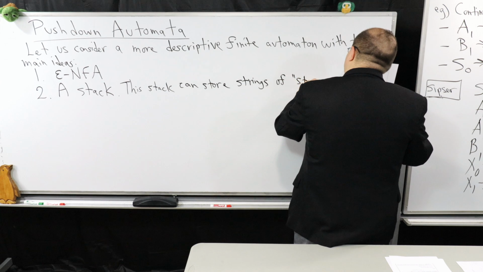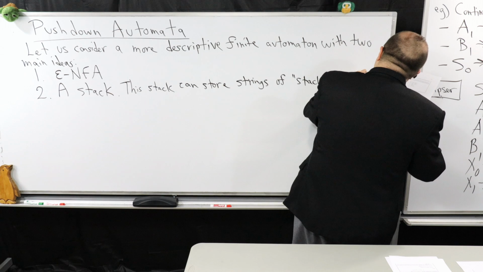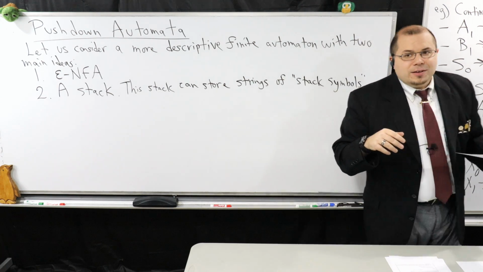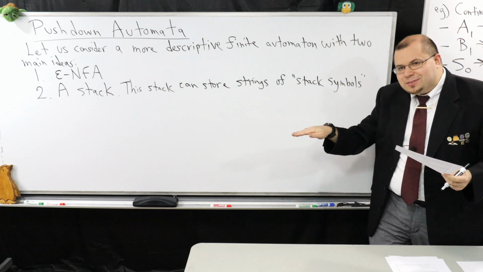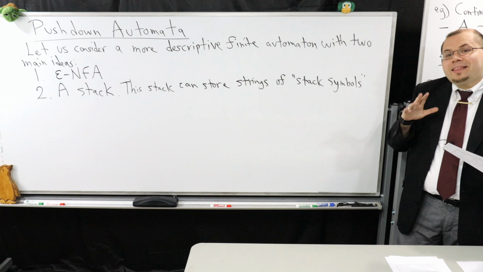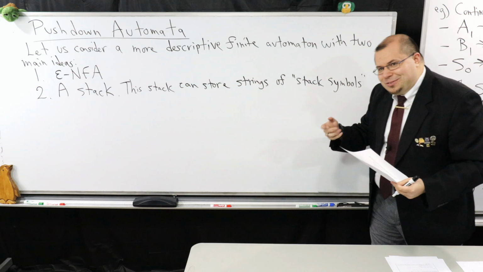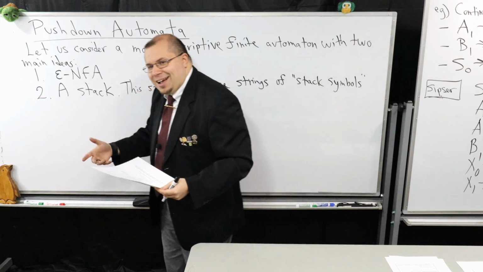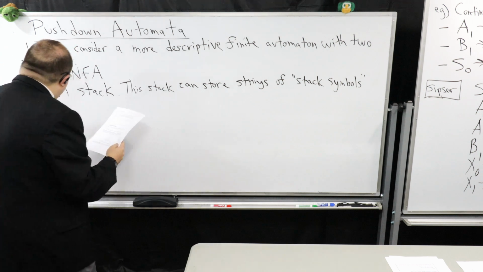I'll define what those mean in a little bit. So we're going to have these stack symbols, and all of the intuitions you have with a stack, whether it be pushing and popping on a stack, that's going to be exactly present here. I'm going to be formally giving you this idea of how the stack is going to operate in a moment. So I just want to draw you a fun picture, just to give you an idea of the intuition behind this.